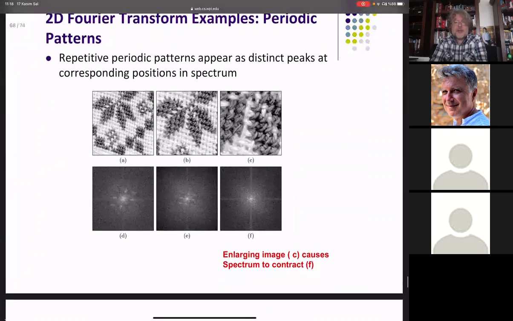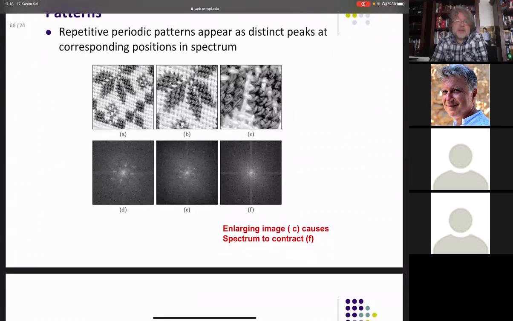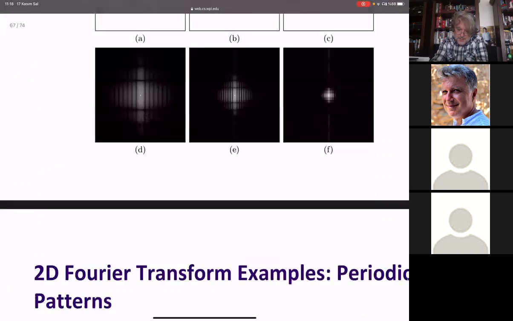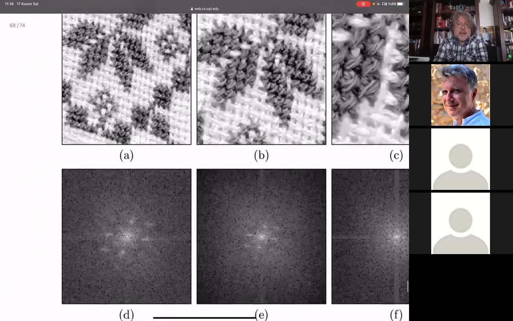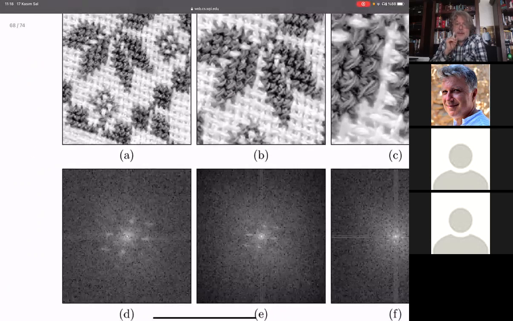And they're also good for analyzing textures. For instance, the peaks in figure D are more separated, wider, emphasized dots, corresponding to the original texture in figure A being a smaller and more dense texture.